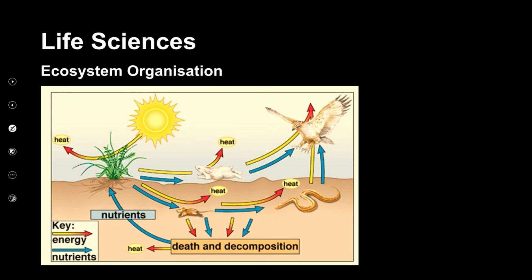As we look at ecosystems, it's important that we understand that there's an organization within ecosystems, and that organization is often linked to how the energy and the nutrients flow. We know that all forms of life on Earth rely on the radiation from the sun.